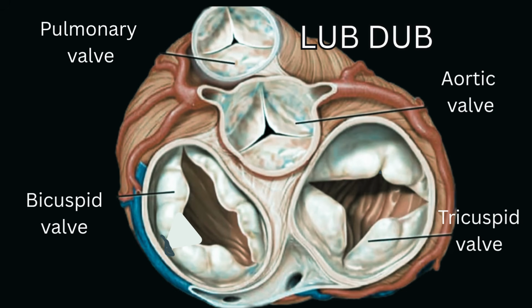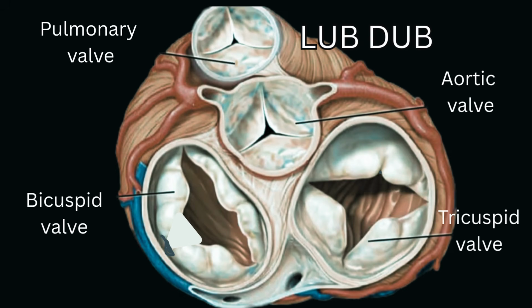Lub dub is a continuous characteristic sound of the heart. This characteristic sound, lub dub, is produced by the snapping shut of the valves to direct the blood flow.